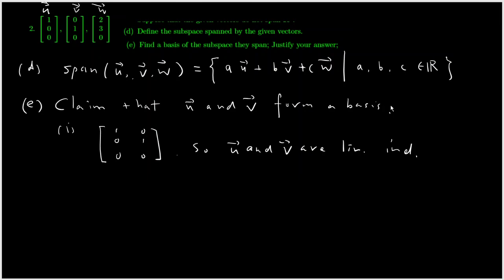Now you recall for a basis, there are two conditions, right? Linearly independent, and then the second condition we have to verify is that every vector in the spanning set is a linear combination of U and V. So secondly, we choose any vector in the spanning set. Each vector in that set is a linear combination of U, V, and W. We choose an arbitrary vector aU plus bV plus cW from the spanning set.